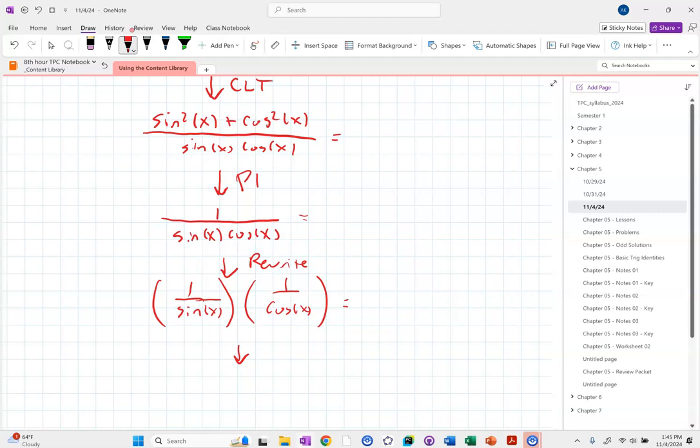I can use R4 and 5 to rewrite this as cosecant x times secant x, which is going to be the same thing as secant x times cosecant x, and I'm at the finish line. So at the end of my proofs, I draw that square and then I fill it in. That's just like the indicator that you finished your proof, is all that symbol means.